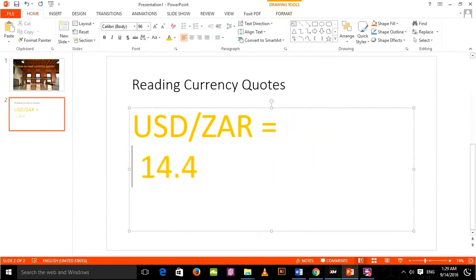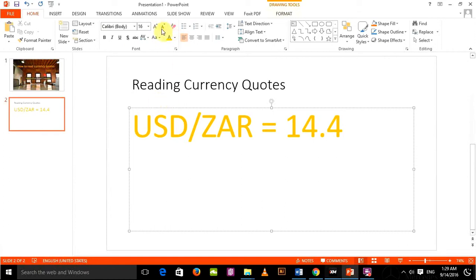Okay, so in reading codes we are always given two currencies measured against one another, and let's just try to examine what this means.